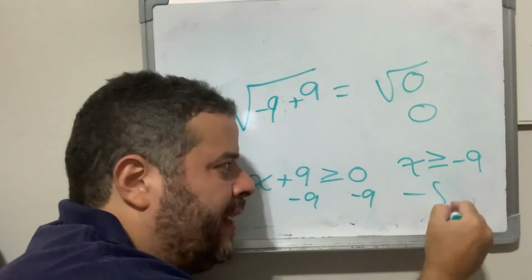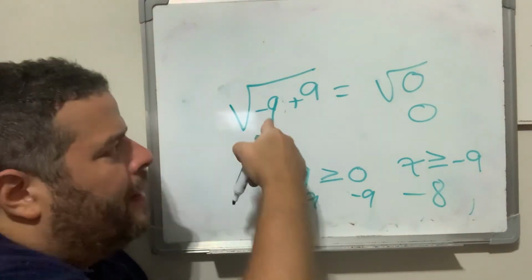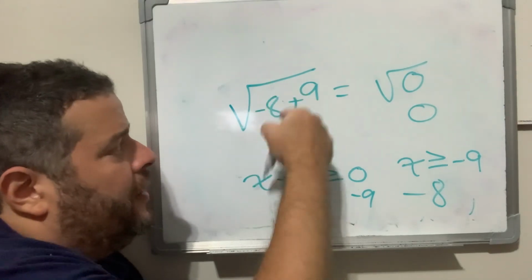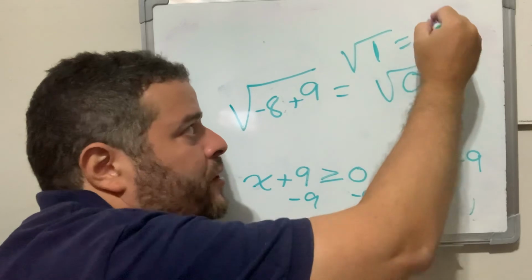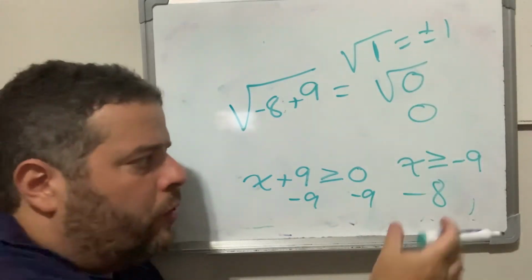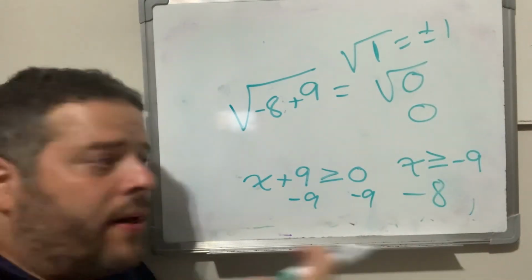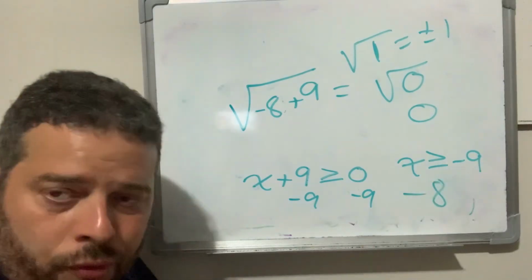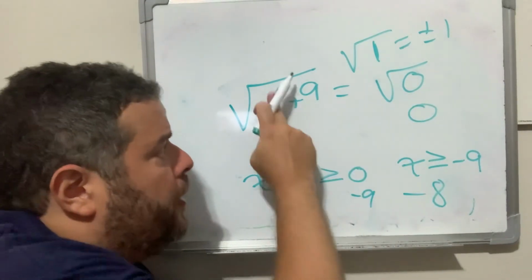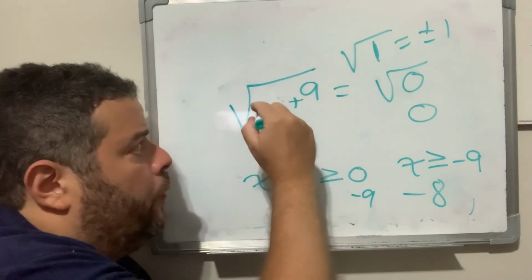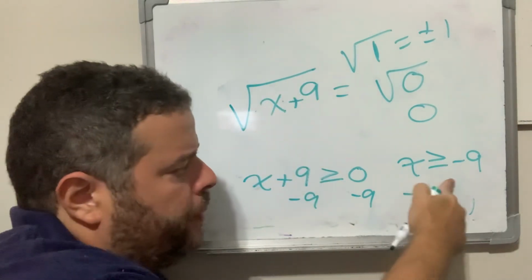We can put -8 in there. -8 plus 9, you'll end up with the square root of 1, which is positive 1. So this tells you what is the smallest value you can use, and anything above that will be part of your domain.